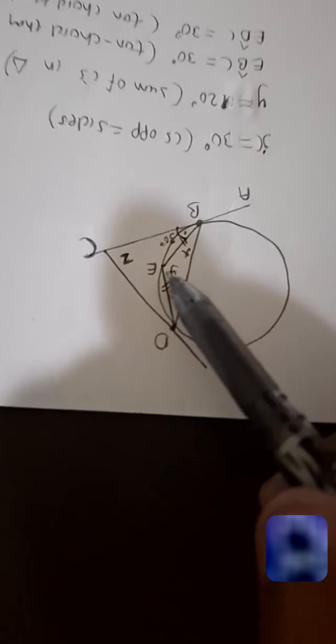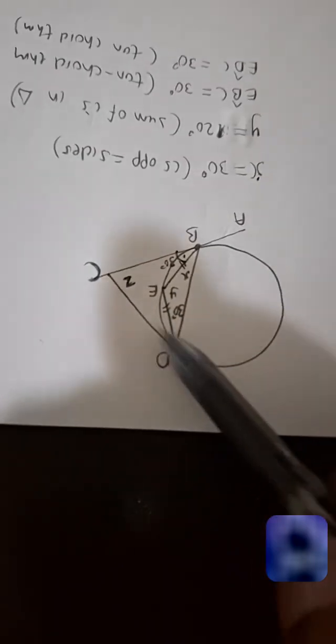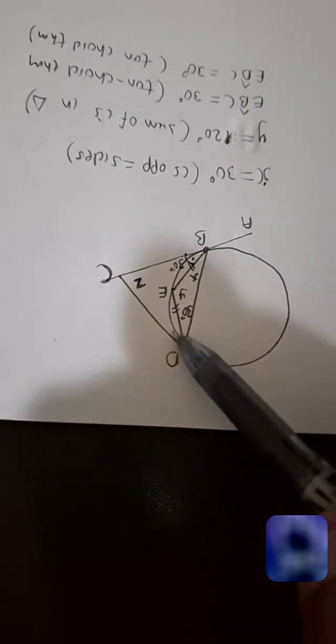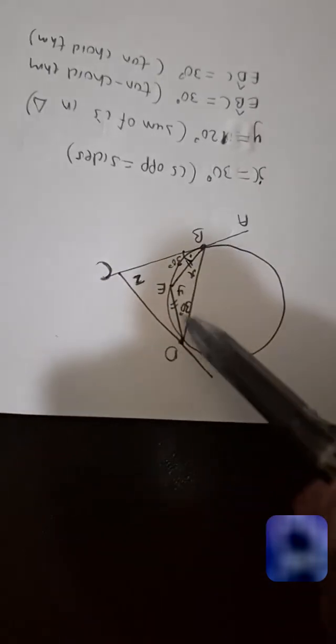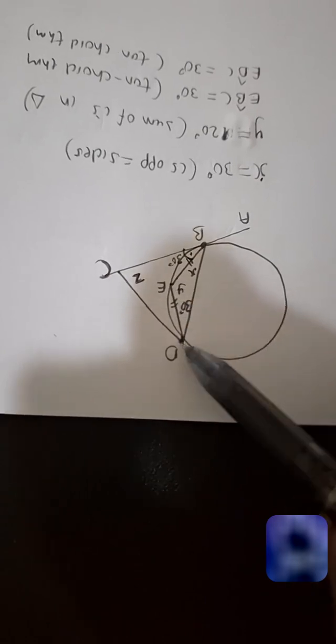Just for those who may not see the EDC, if you take your picture, you turn it around, because remember with geometry, sometimes you have to do that. This angle here is the angle formed by this tangent and chord DE.